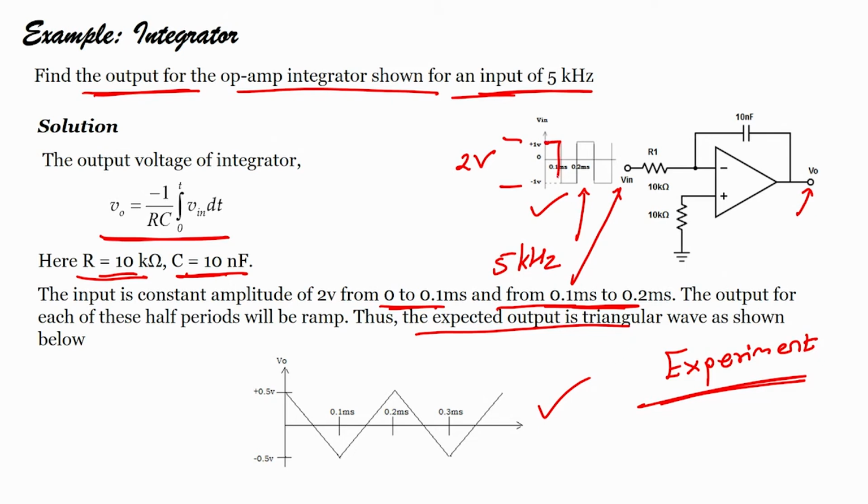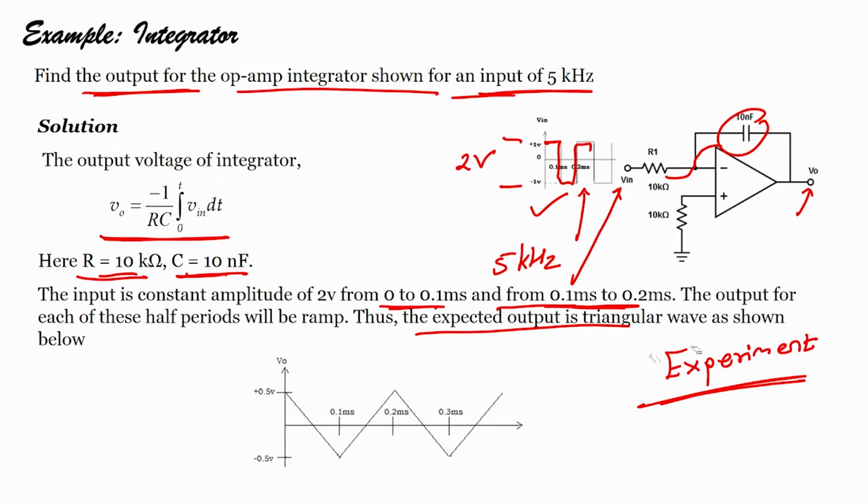If I apply this signal, I have to see how my capacitor will charge, and on charging and discharging of the capacitor, I will get the triangular wave at the output. So, this is how the integrator would work.